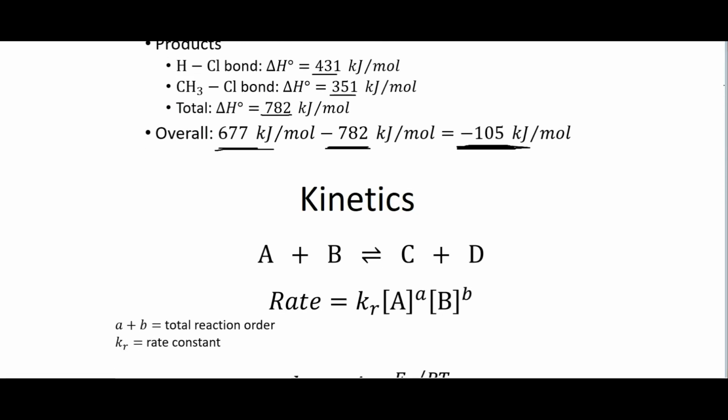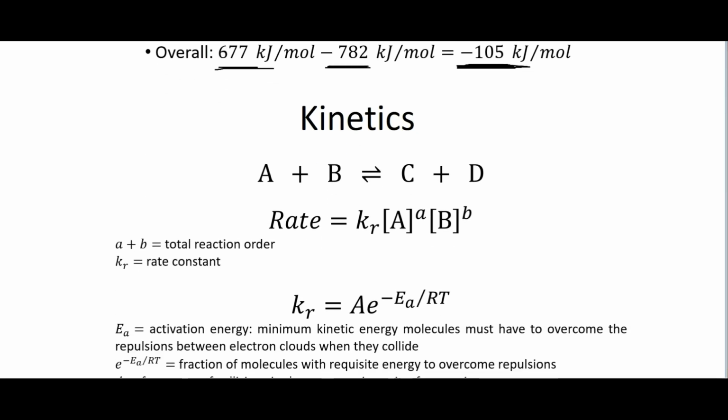All right, switching gears a little bit to kinetics. This is something I cover in more detail in other places, like my general chemistry playlist, but we have our rate law here. The rate is equal to this rate constant times the concentration of our two reactants raised to these powers, which give the reaction order with respect to each reactant.